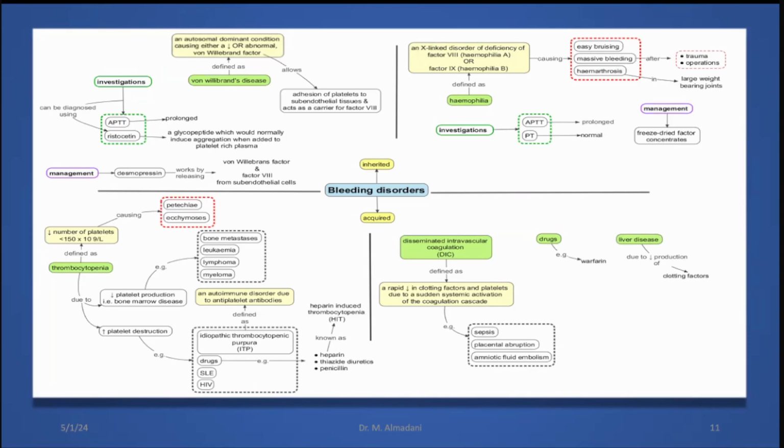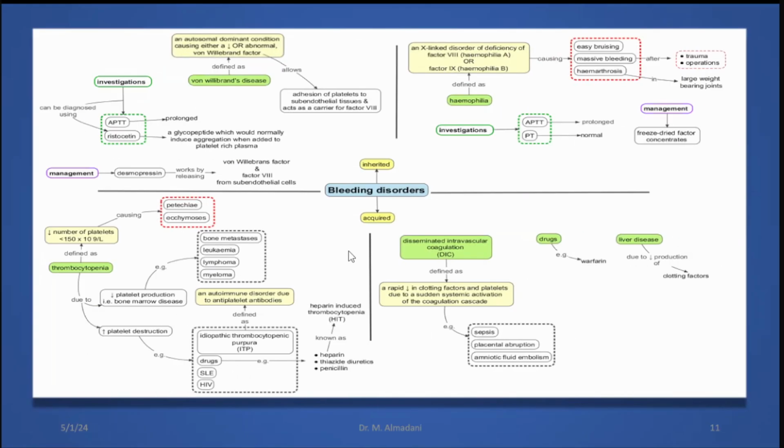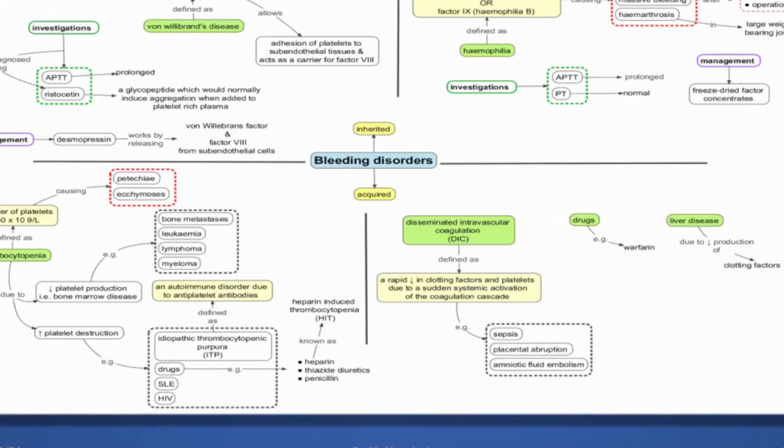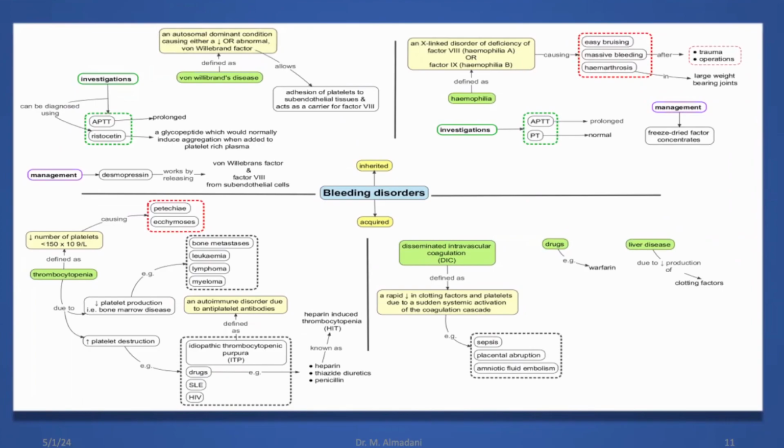I think that the platelet number will remain the same, but the clot formation will be delayed. So the aspirin will affect the platelets what? Function. Excellent. So aspirin therapy can affect the platelets function, not the number. The number will remain the same.